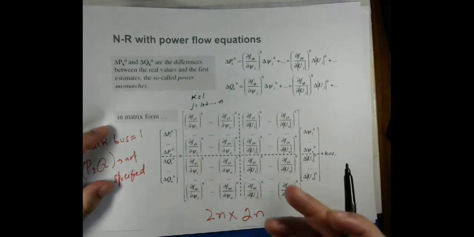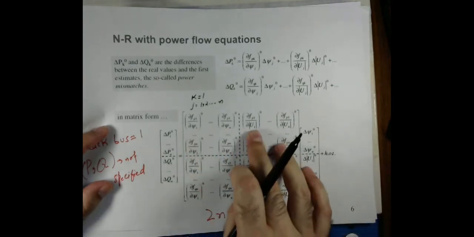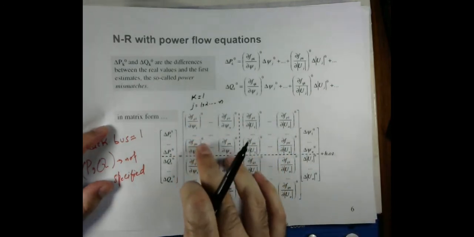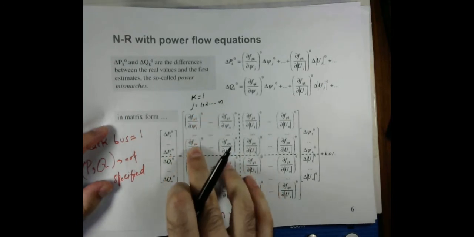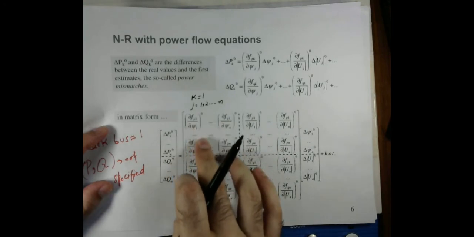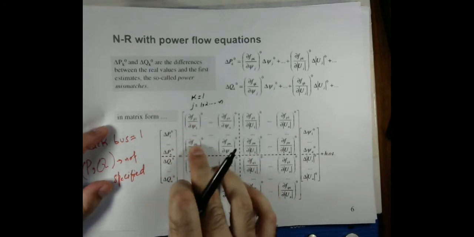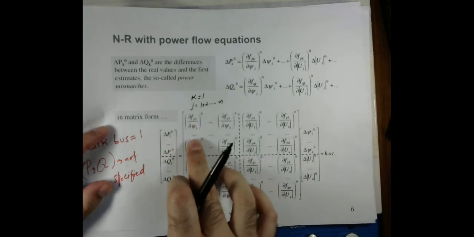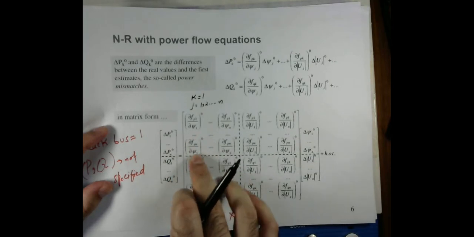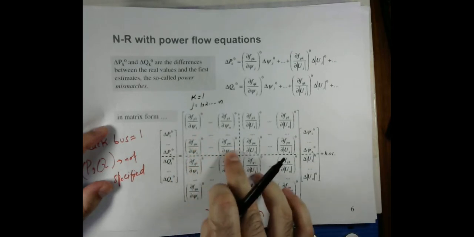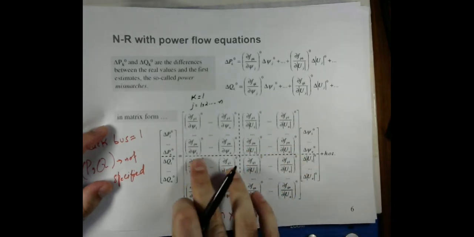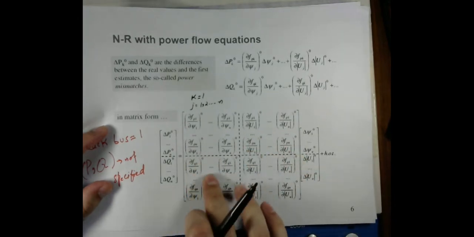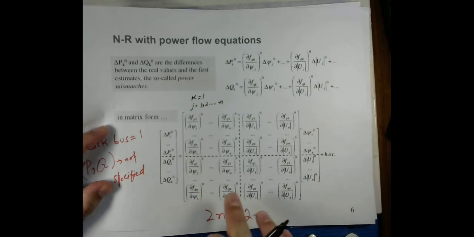As we have a two bus system, that will be psi 1 and psi 2, u1 and u2. Then we have the derivative of the power at the other bus, let's say this is bus 1, that is bus 2, so that will be the derivative of the active power at bus 2 with respect to psi 1 and psi 2, and then the same. Then we have also the derivatives of the reactive power with respect to the angle and with respect to the voltage, and similarly for bus number 2.